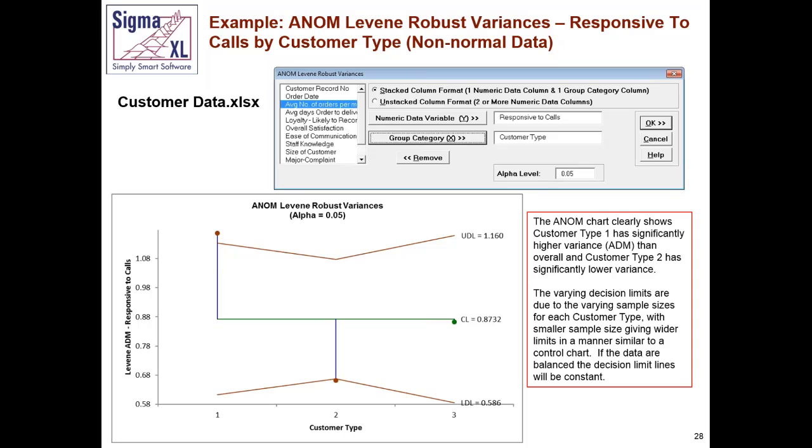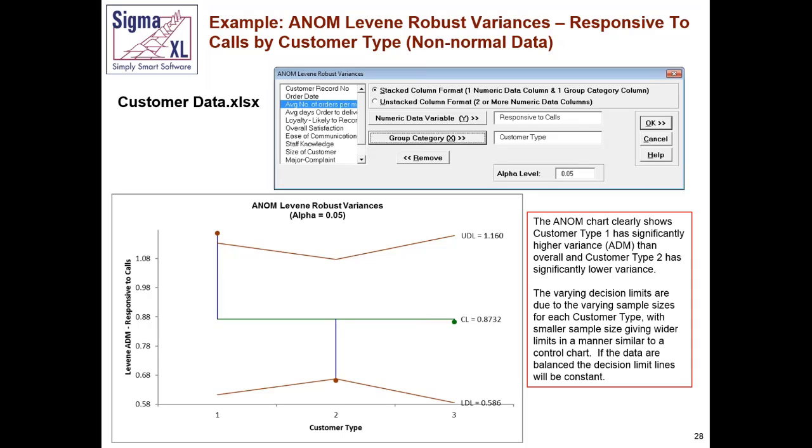So customer type 2 is doing something right. They're consistently getting a high level of customer satisfaction, and here in this case, responsiveness to calls. The variation in responsiveness to calls is significantly lower. Okay, so that's the Levene's Anom chart.